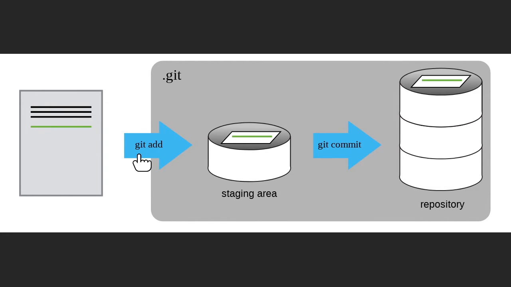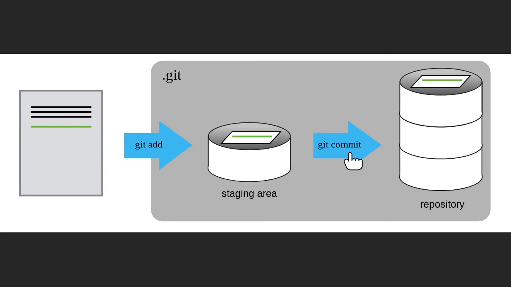So the first thing that we have done is git add. So we add the file to the staging area. Where you see there are 3 lines in black that are the lines that were previously in the file, but imagine that you added the line that is in green color. So I save the changes and I execute git add to add the changes to the staging area.